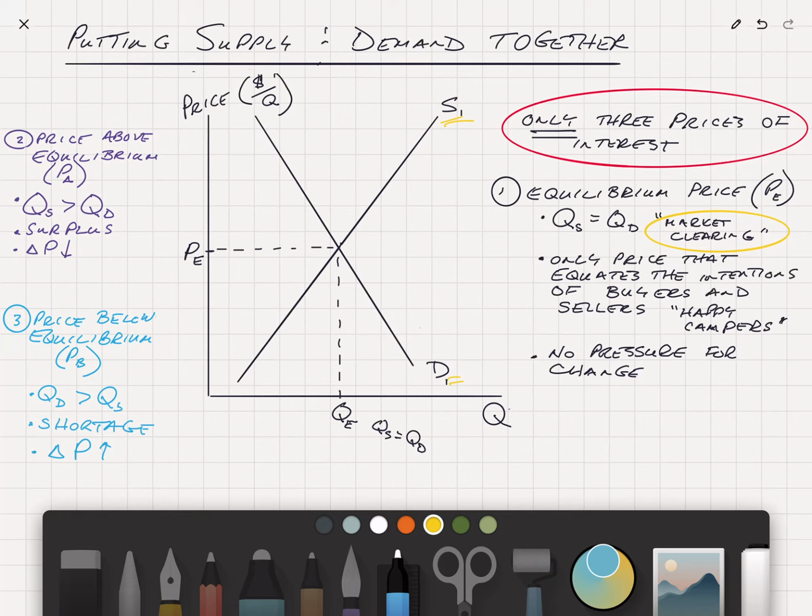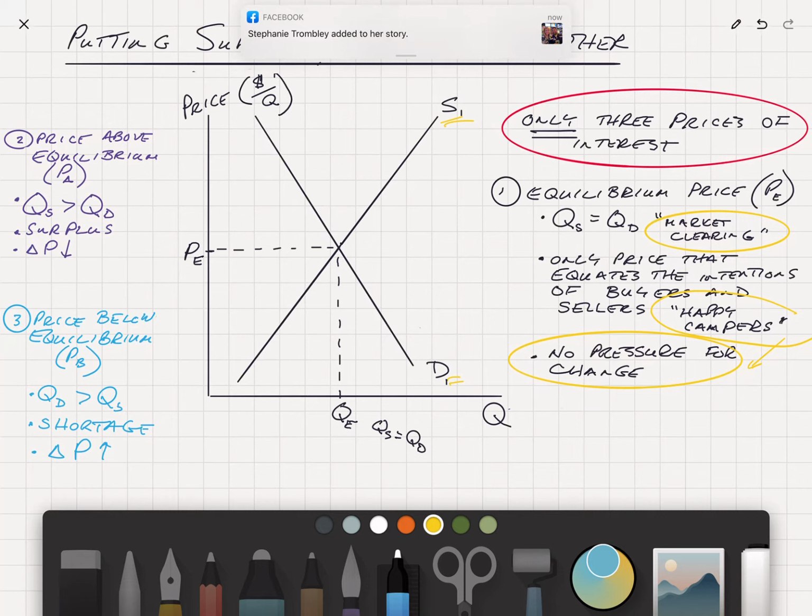Any price above and any price below will cause an imbalance, as we'll talk about later. That one price is the equilibrium price. I like to think of that as the happy camper price. Both sides of the market are happy. If both sides are happy, then there is no basis for change, no pressure for change, and that's what they call equilibrium. That's the unique definition of equilibrium in economics.